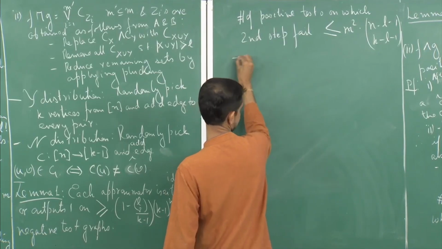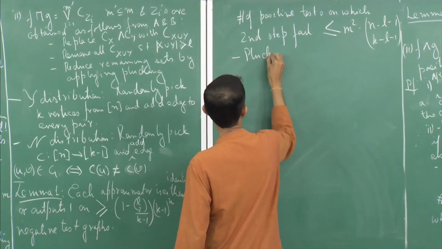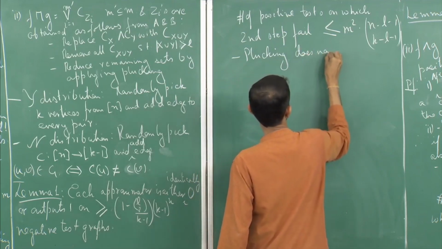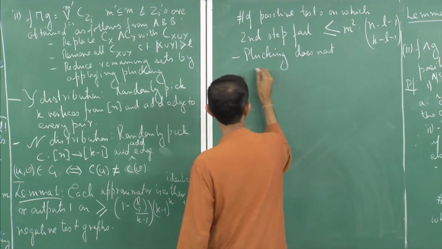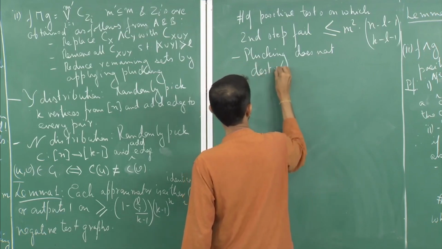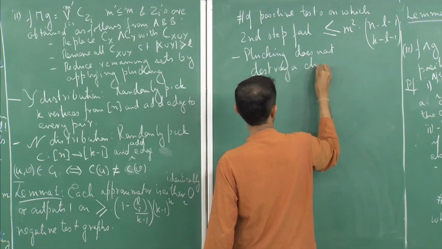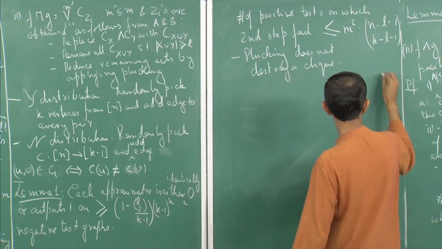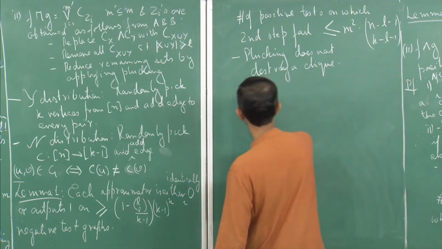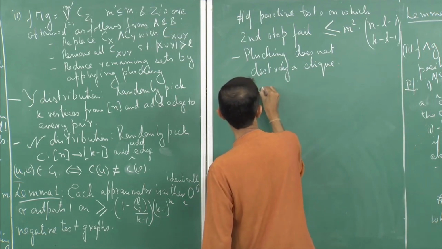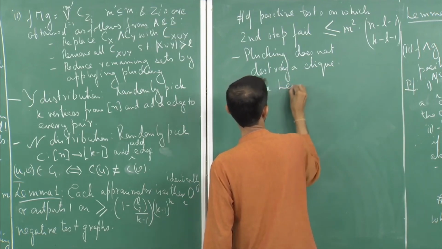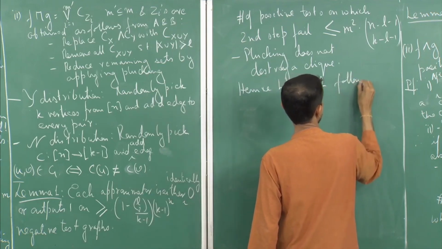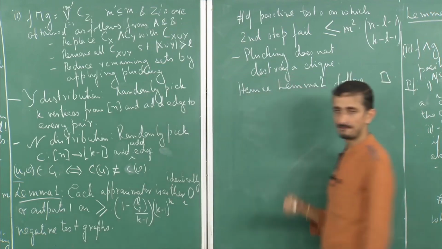So the third step, plucking, does not destroy a clique. Okay. So therefore, the lemma follows.